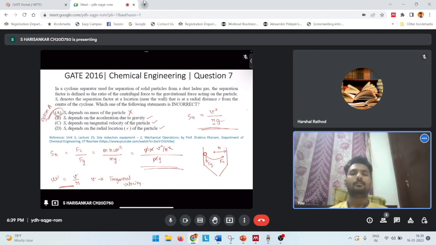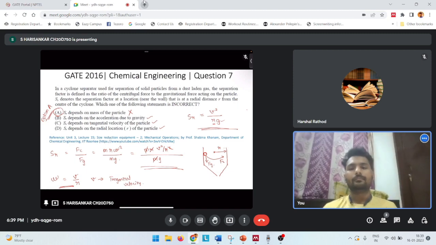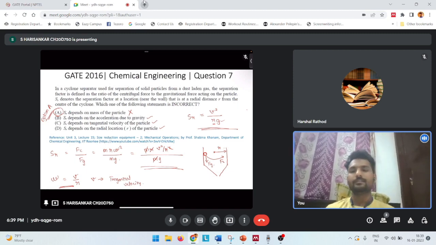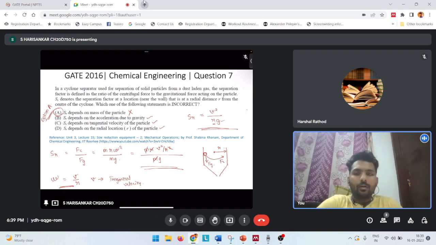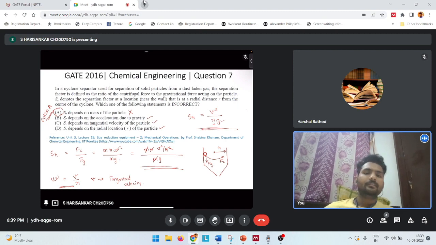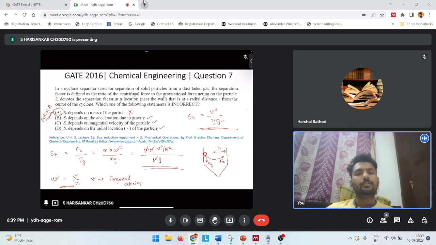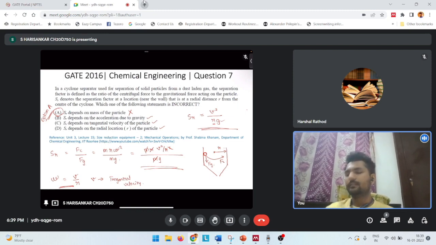Right. So this is basically just a repetition of what we just did in the last few slides. So the separation factor will basically depend on v square, or the tangential velocity of the particle, radial location of the particle, as well as the gravitational force or acceleration due to gravity.